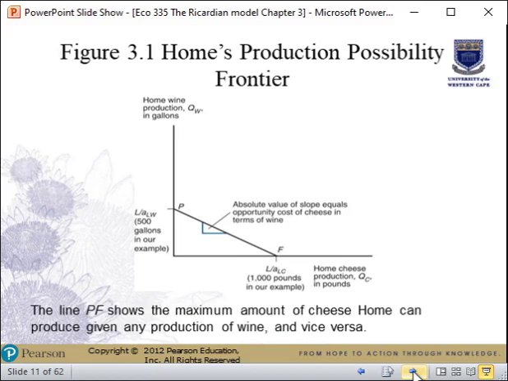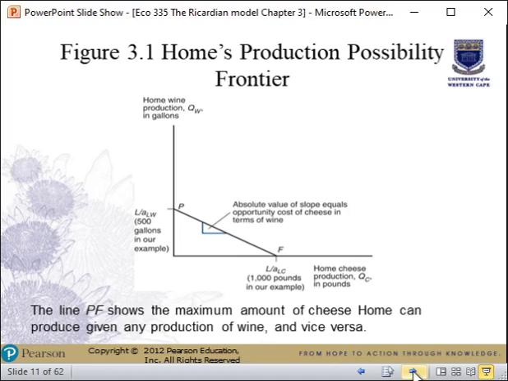Note the maximum cheese production on the x-axis is 1,000, whilst the maximum wine production on the y-axis is 500. Apart from producing only these extremes, the home country can produce a mix of both goods by foregoing some resources that could have been used in the production of the other good.